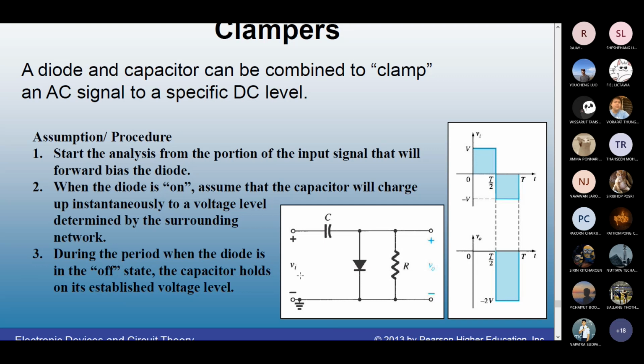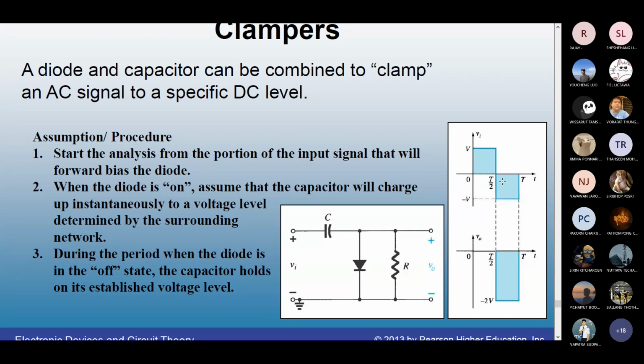And then stage number 4: during all times, you have to maintain awareness of voltage, polarity, and current direction. Do not make any mistake, do not mix things up. The last step is to check the total swing of the output versus the total swing of the input. In this example, you can see positive half cycle a swing of V, negative half cycle a swing of V in the minus direction.